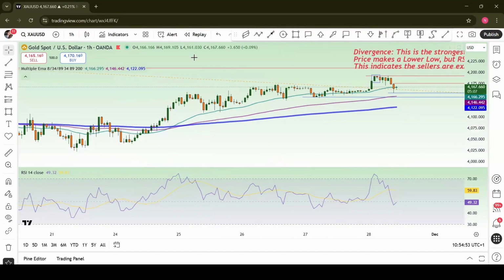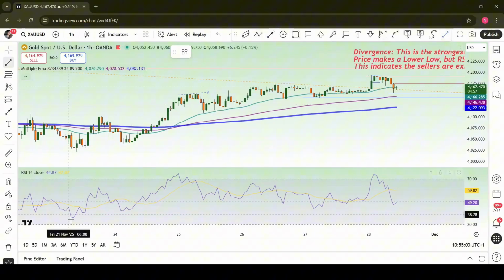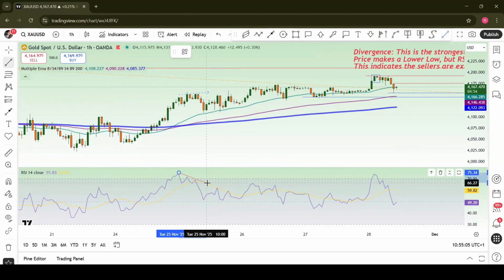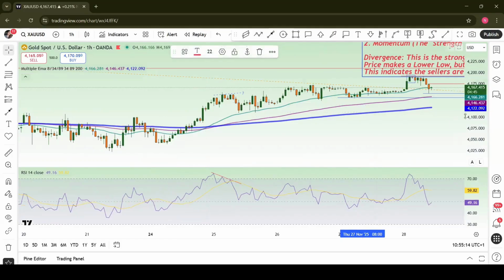Let's take a look at this one. You can see that it's forming higher highs here, higher highs here. However, in RSI, it's forming lower highs. So this is the signal for the bearish divergence.